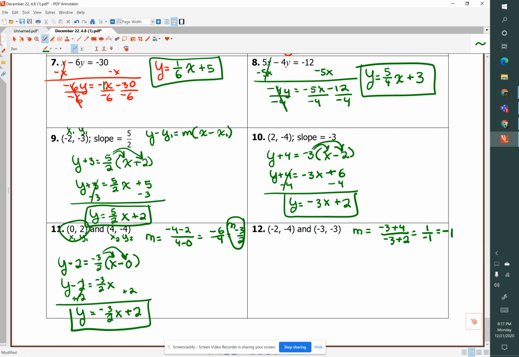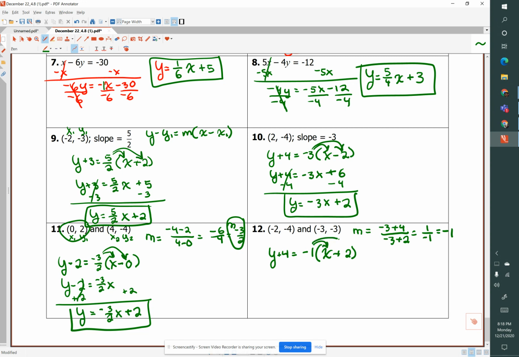So our slope is negative 1. We'll use the point-slope formula, y minus negative 4, which is y plus 4, equals negative 1 times the quantity of x minus negative 2, which is plus 2.